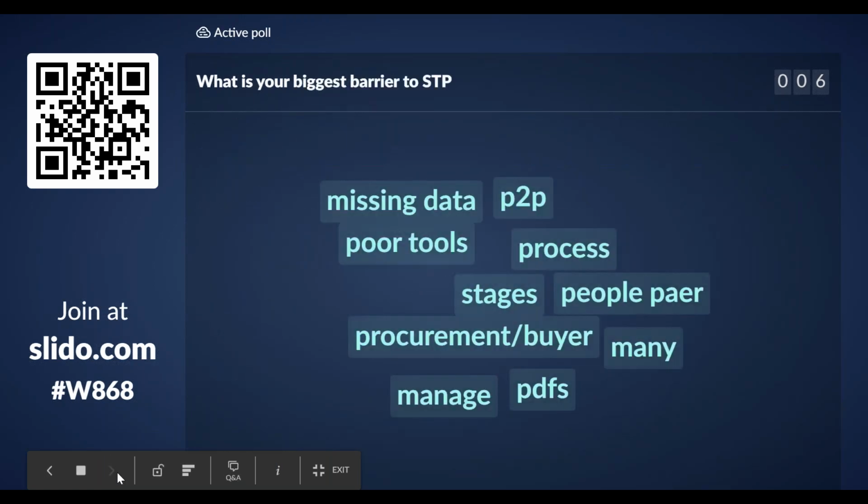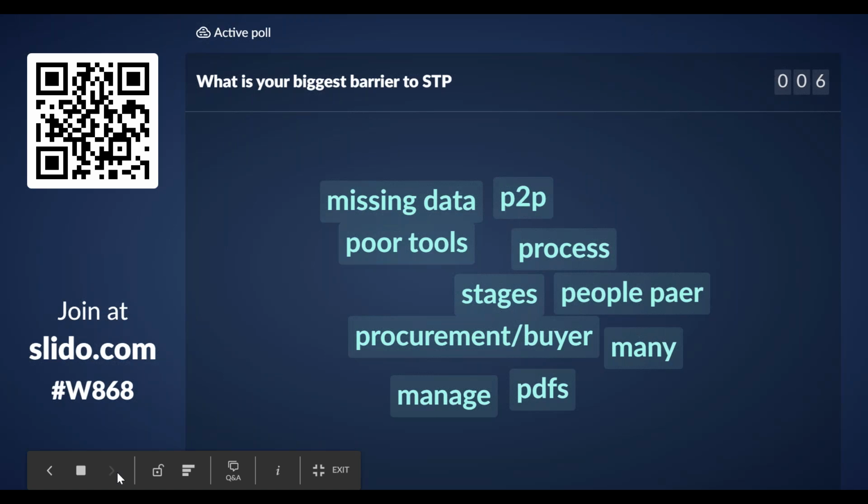And if we look back at the word cloud, remember these words get bigger the more they're said, there aren't too many consistent themes. Everybody has slightly different problems that create those issues for straight through processing.